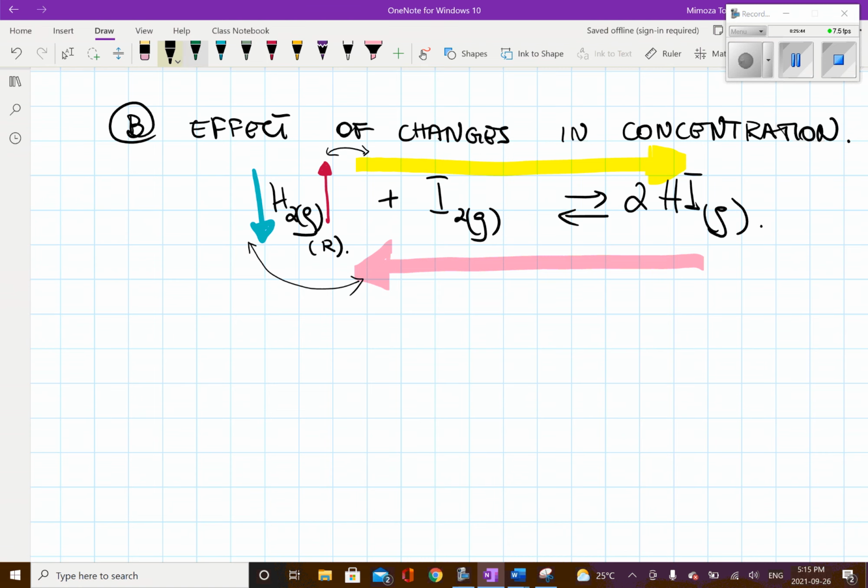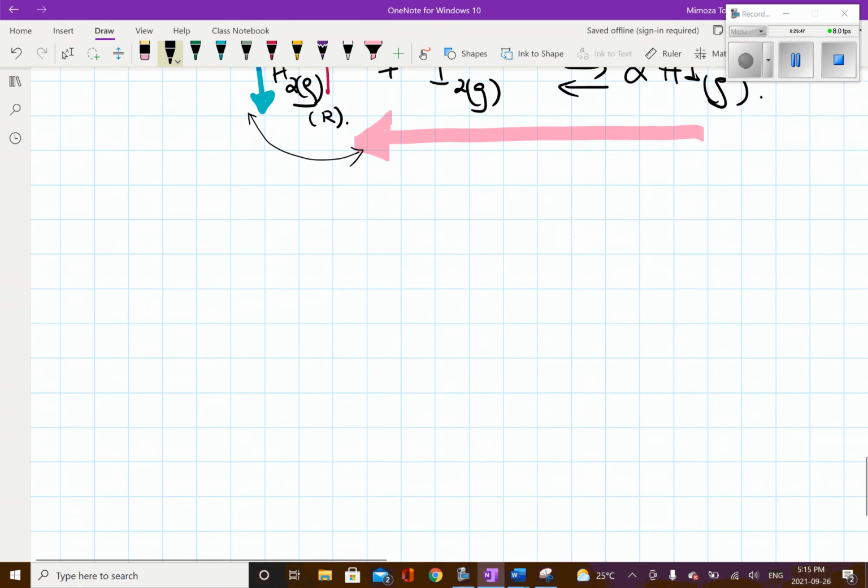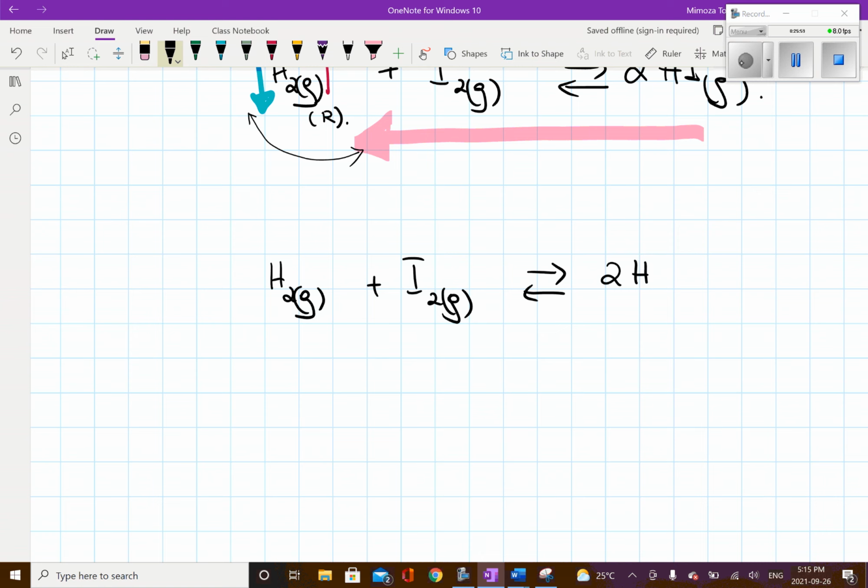Okay, now let's rewrite this again and see what is happening when you change the concentration of I2. So you increase the concentration of iodine. Then what is happening?